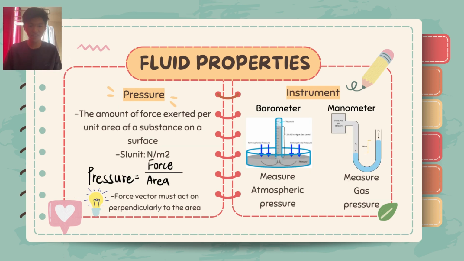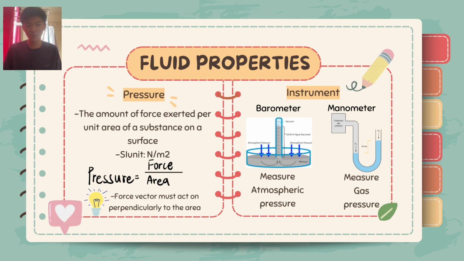Next is the pressure. Pressure is the amount of force exerted per unit area of a substance on a surface. The SI unit is Newton per meter square, or commonly known as Pascal, that is Pa in short. And the most important thing is force vector must add up perpendicularly to the area.